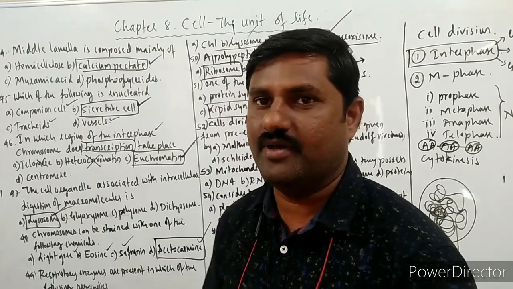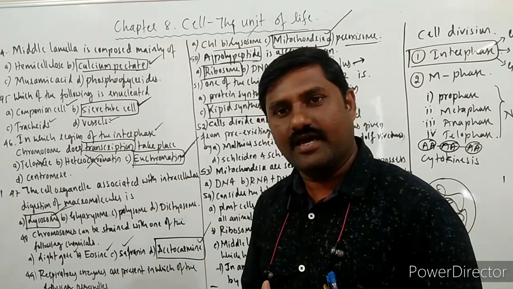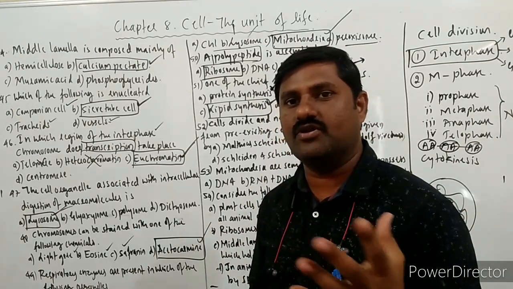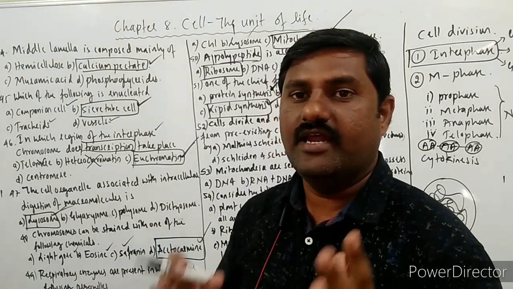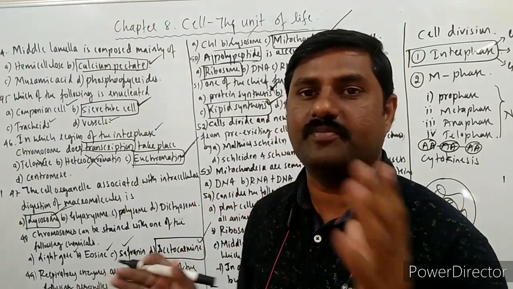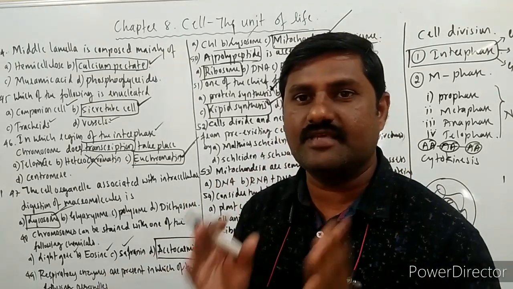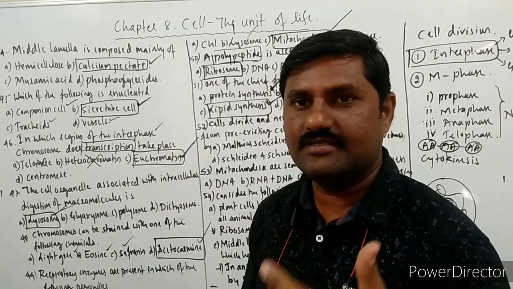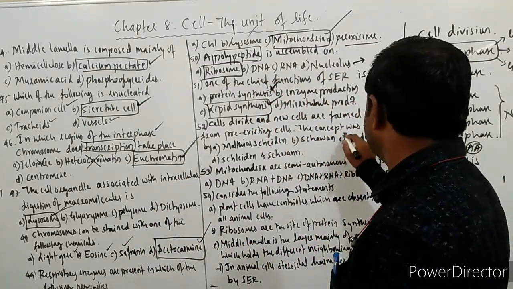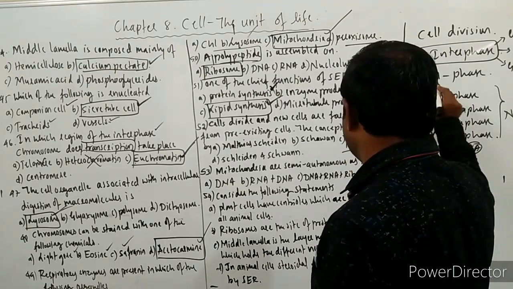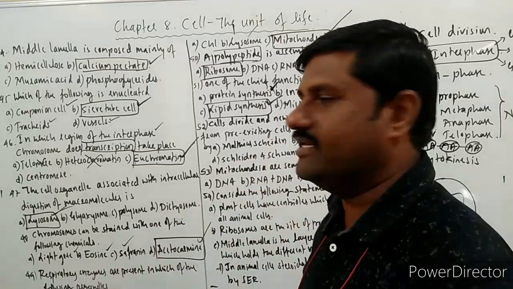Cell theory was basically proposed by Schleiden and Schwann, but when Rudolf Virchow studied the same cell, he said that new cells are formed from pre-existing cells, right? So this is nothing but omnis cellula e cellula, the meaning of this sentence itself. That's why the correct answer for this question is Rudolf Virchow, the scientist who made one revolution in cell theory, right?